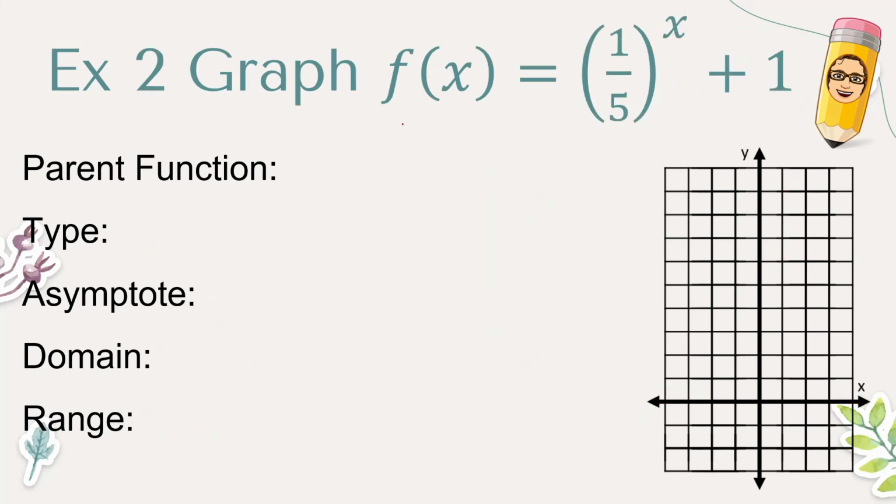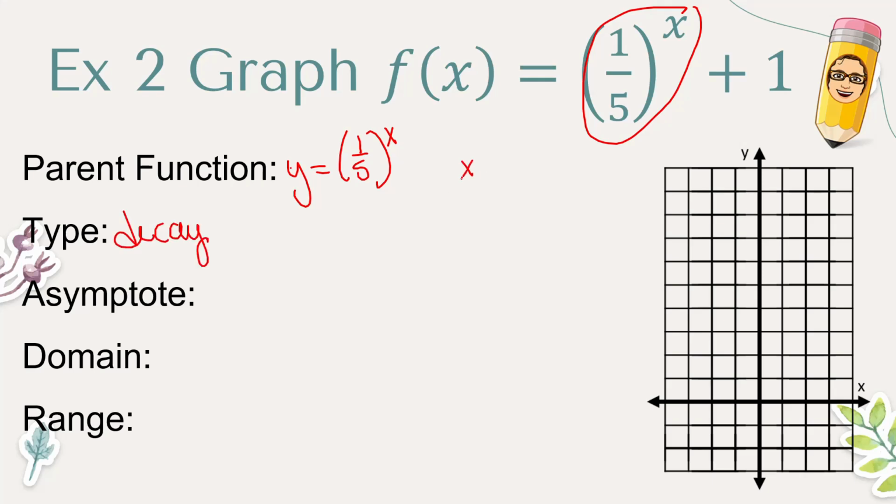Let's try the next one. So my parent function, again, just the guy to the x. So it's going to be y equals 1/5 to the x power. And since 1/5 is between 0 and 1, this is going to be a decay graph. So now let's go ahead and make ourselves our parent table.